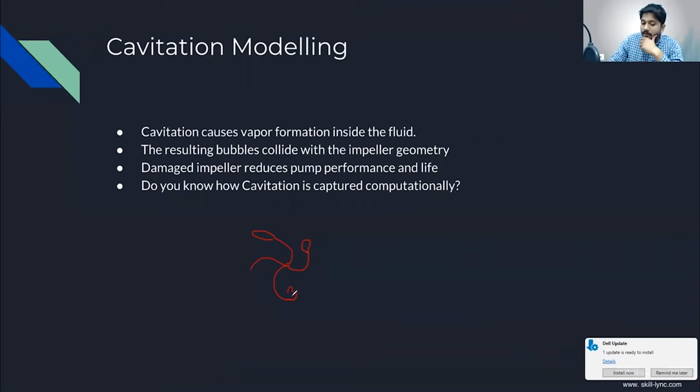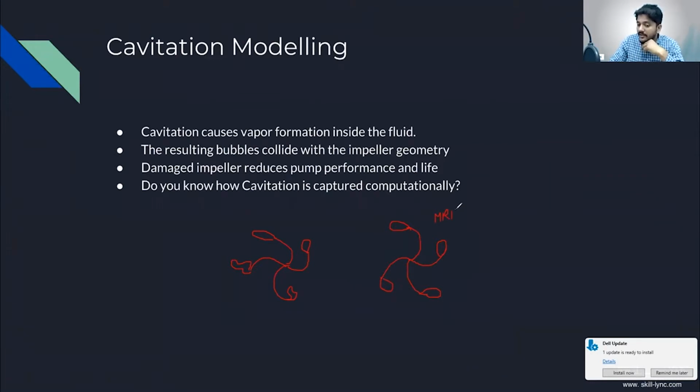Now, if you look at experimental data, the vapor formation bubble is not symmetrical, meaning in one impeller it will have a different shape, in the other impeller it will have a different shape. This is basically an interplay of geometry and turbulence, right? But when you use the MRF approach, you are kind of having the same source term, right? So one thing that is very common is that your cavitation bubble will be very, very symmetrical. So there is a possibility to underpredict or overpredict the cavitation in case of the MRF approach.